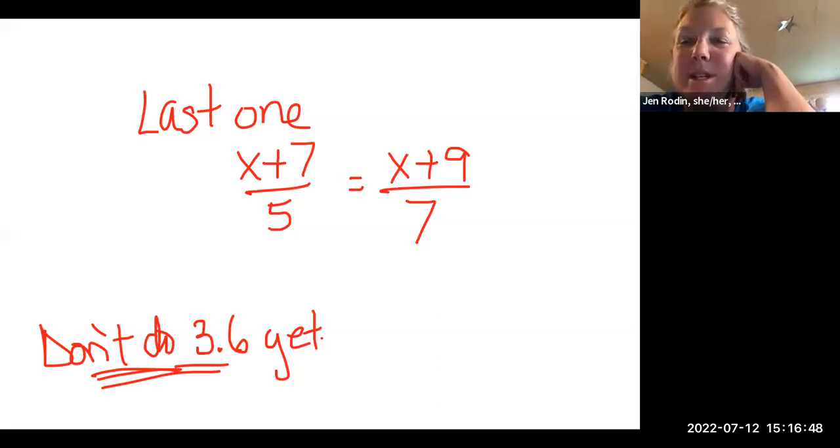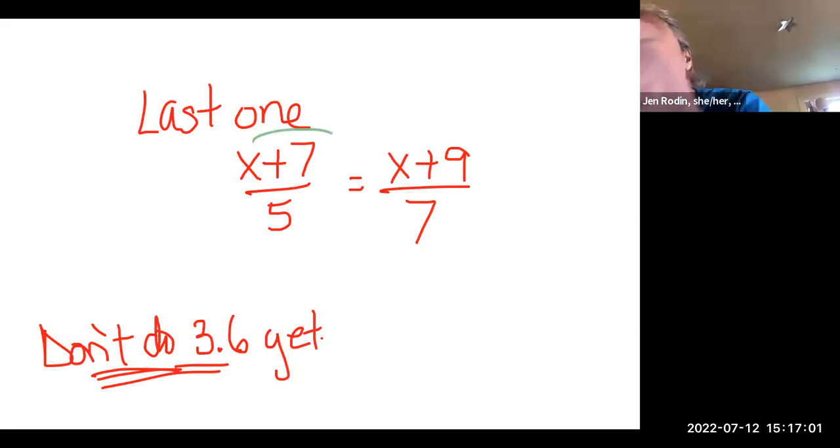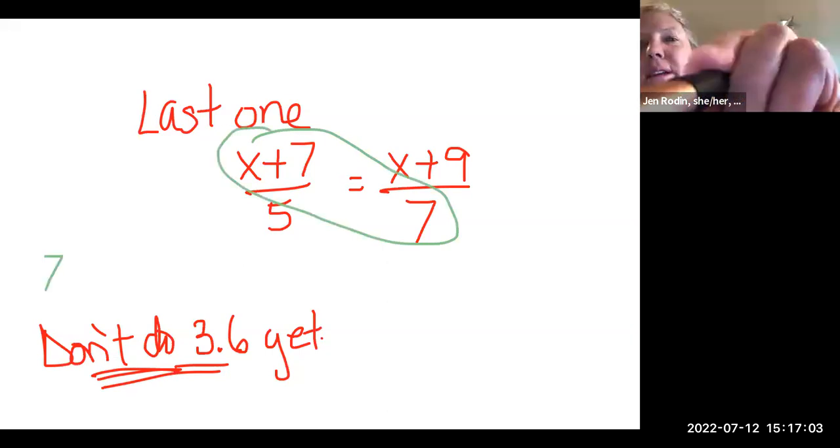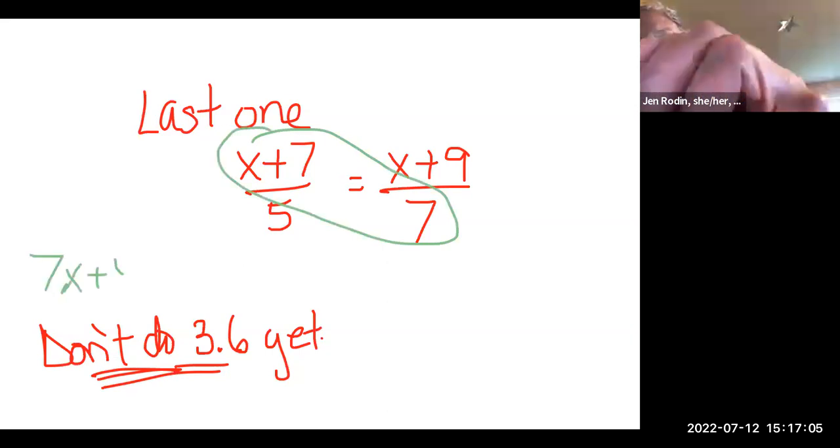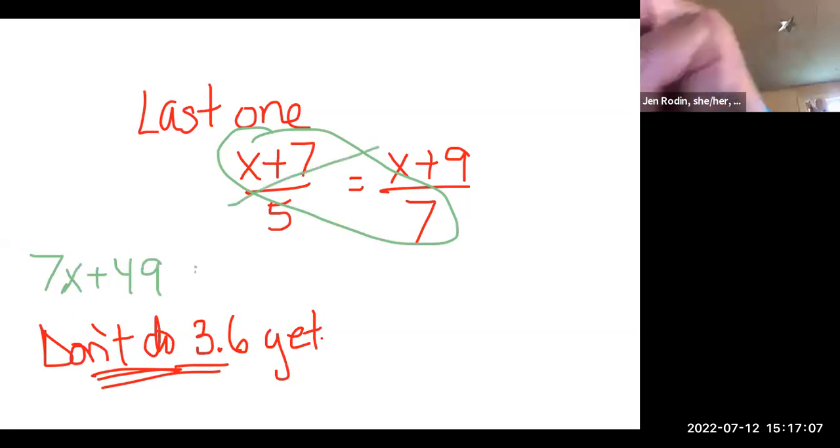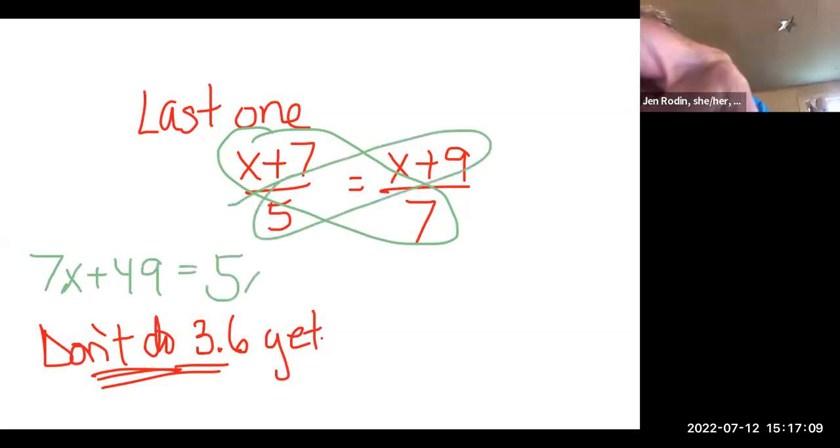This one is pretty good too, because it's easy to make a mistake with the sign or to forget to distribute. So I've seen people do them like this and straight away write 7x + 49. And then right here, 5x + 45. So I just skipped a step.